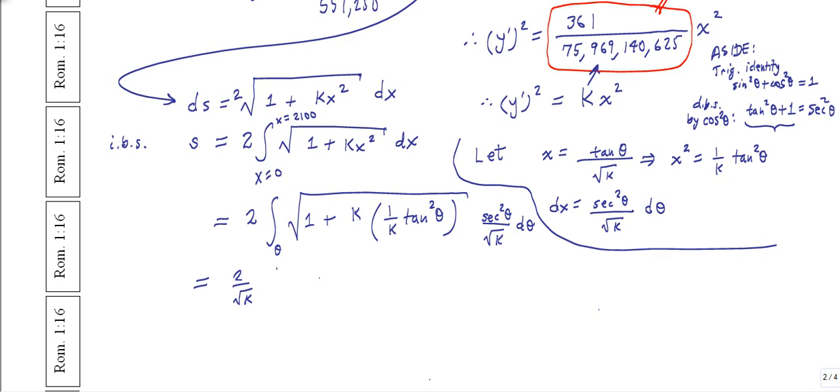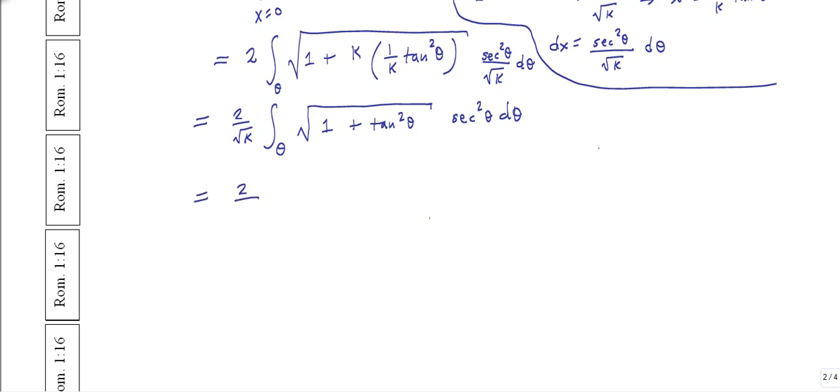So this is the integral with respect to theta of root 1 plus, the k's cancel, and then you get a tangent squared, so 1 plus tangent squared theta, and then we have out here secant squared theta d theta.